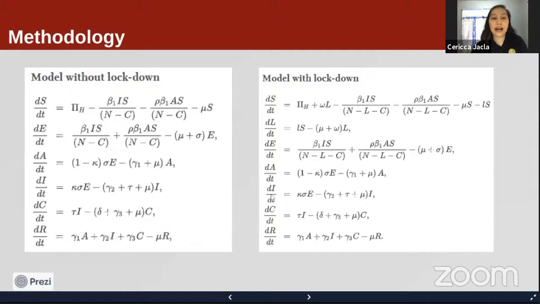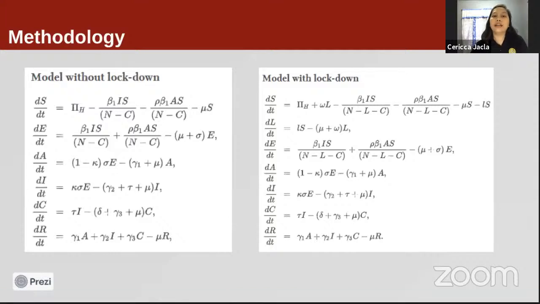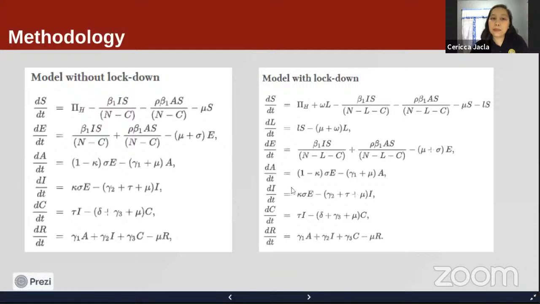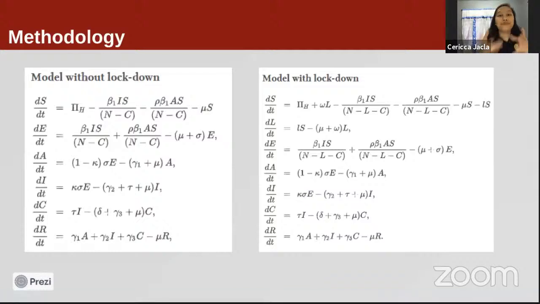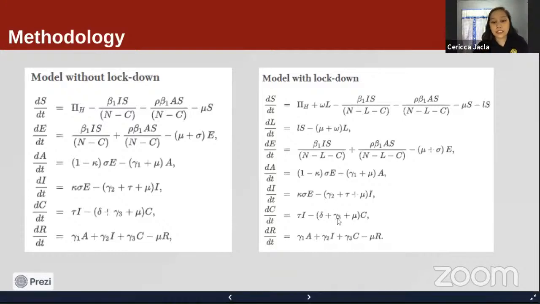Next is the symptomatic. The symptomatic is similar to the asymptomatic. It's just that we consider k, since this is the other portion of the infected exposed population. It is still considered for those people who got recovered from the virus.